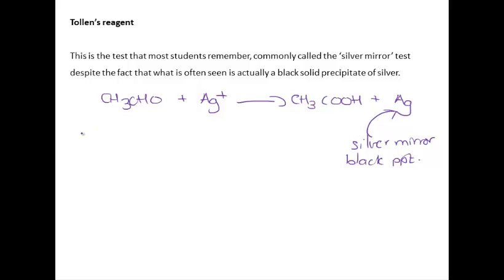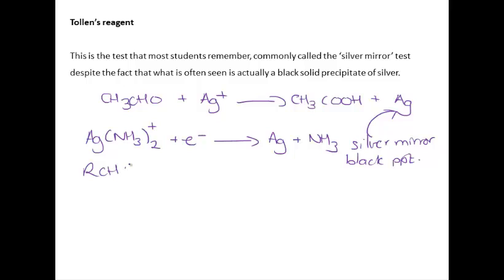So looking at what's going on in here, we start off with our ammoniacal silver. That's reduced with 1 electron to silver and ammonia. And our aldehyde, again, this is alkaline solution.